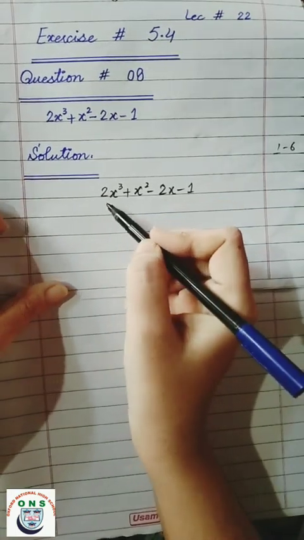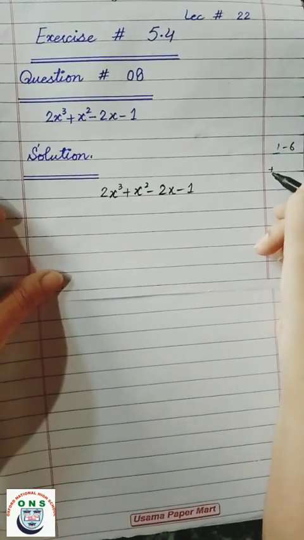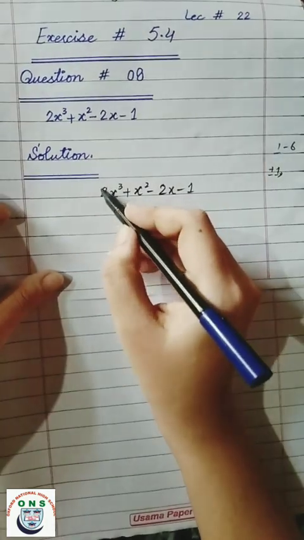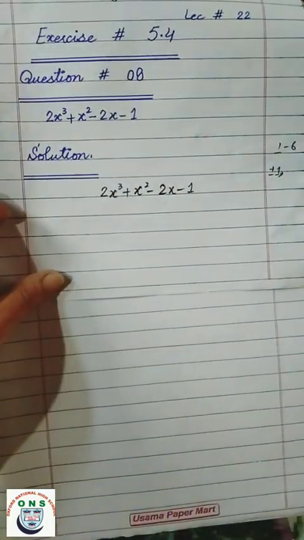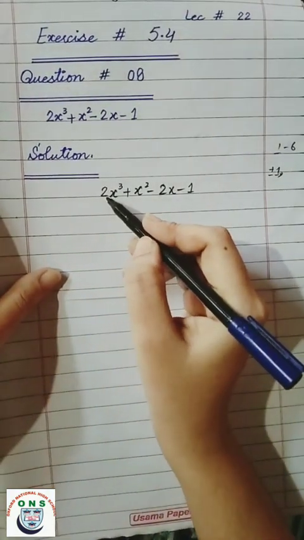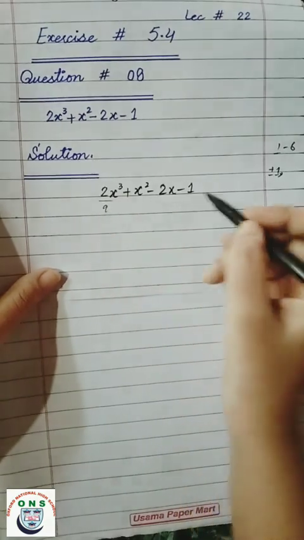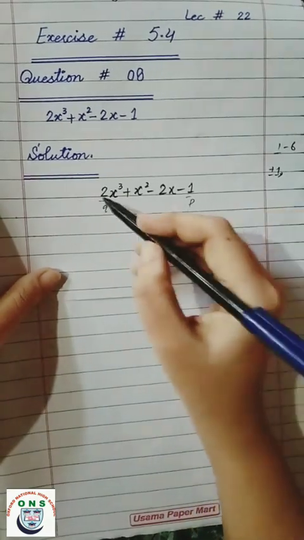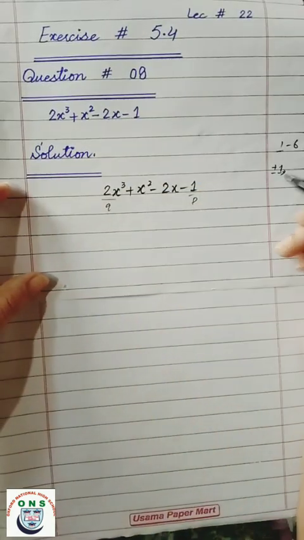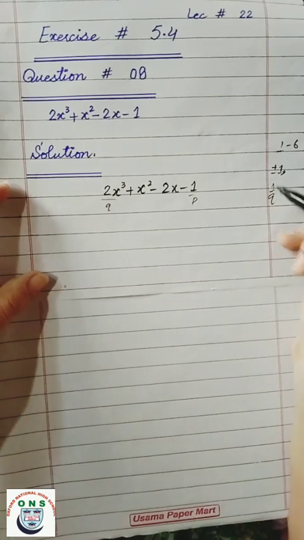First of all, we have to take the factors of 1, which will be plus minus 1, and if there is any coefficient of x cube, then we will take it as 1 by q. Suppose this is q and this is p, but we will take q as 1 by q and p as it is.